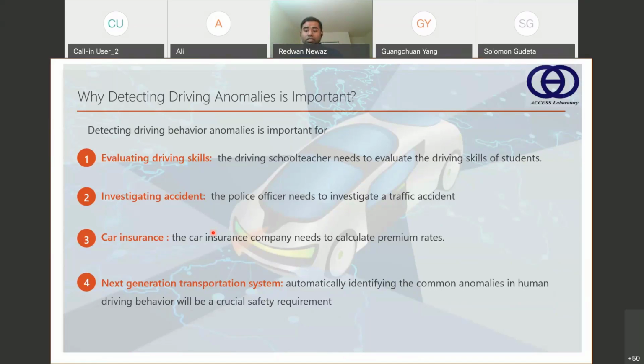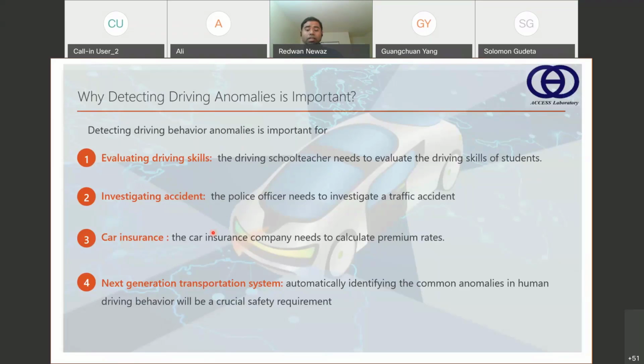Since anomaly detection of driving behavior can allow investigators to determine which unusual driving behavior led to an accident, it would be very useful for car insurance companies to calculate their premium rates. Thus, for the next generation transportation system, an effective anomaly detection method of driving behavior will be useful for developing various support systems for monitoring, reviewing, and analyzing driving behavior, and driving assistance systems.